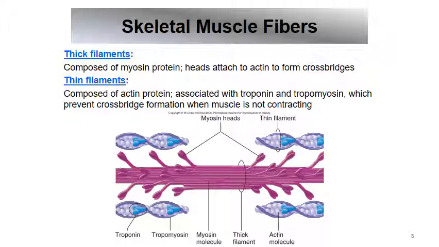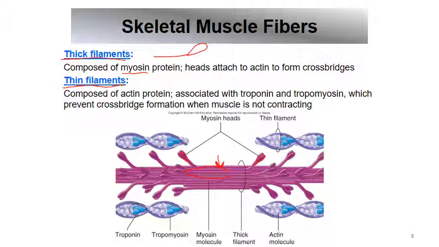Next, we have to look more closely at these filaments. So here, this is talking about the thick filaments and the thin filaments. Okay, so here the purple with these things that are sticking out, this whole thing is the thick filament. A thick filament, we already said, is made up of the myosin protein. But one myosin protein looks like this.